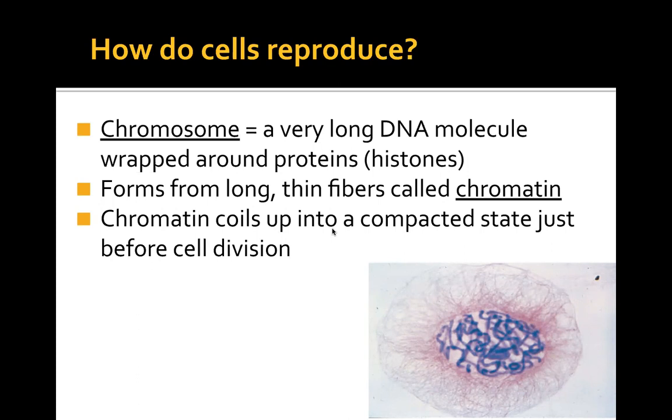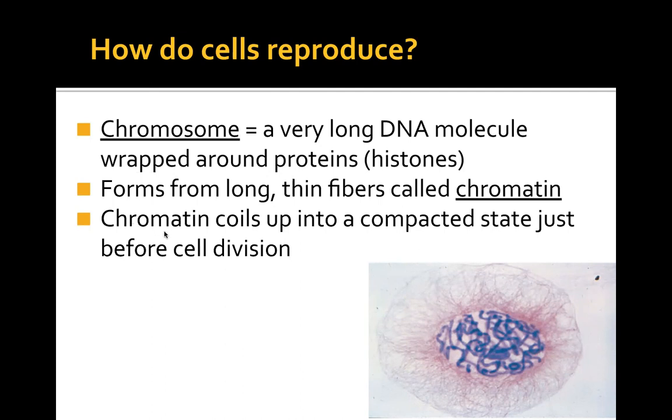The really wound up, organized form is not a good form for the cell to access and use the DNA. So most of the time when the cell's just doing its job, the DNA is in its unorganized chromatin form, so proteins can read it more easily and use those genes to make proteins for the cell.